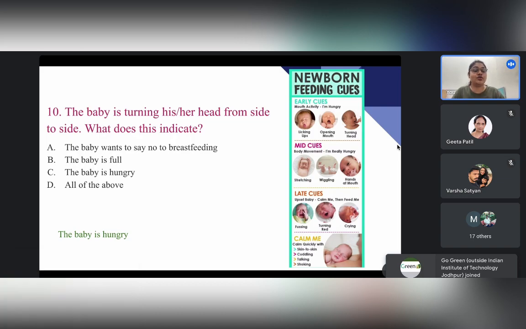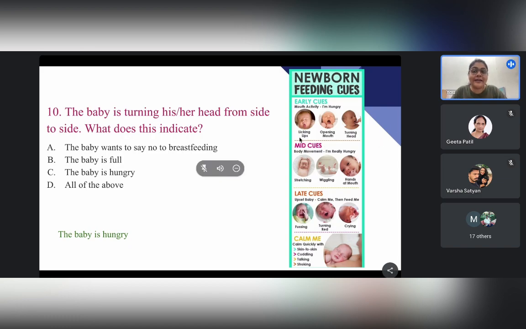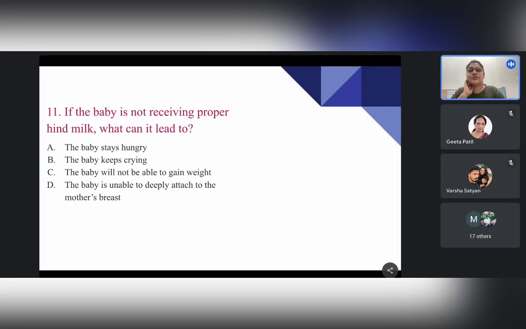These things should be spread to women of different strata around us, so that proper breastfeeding techniques can be taught to them, and also when and how they are supposed to feed their child. All these can be very carefully mediated as well, right? So the answer to this question, as all of you have said, is the baby is hungry. We'll move on to the next question.